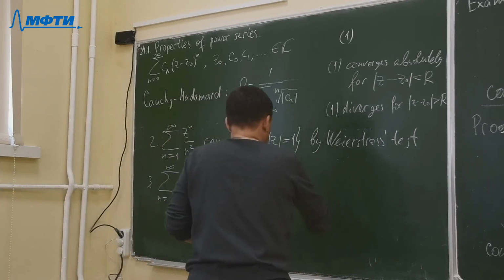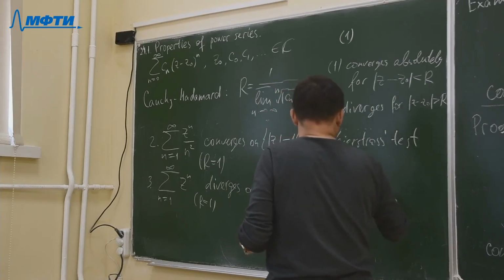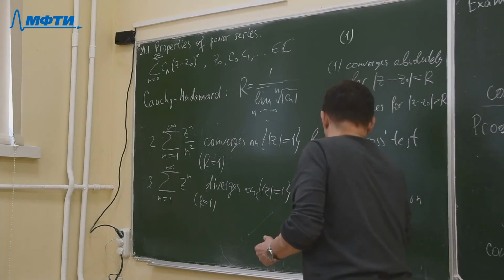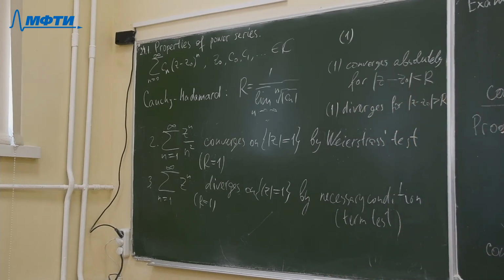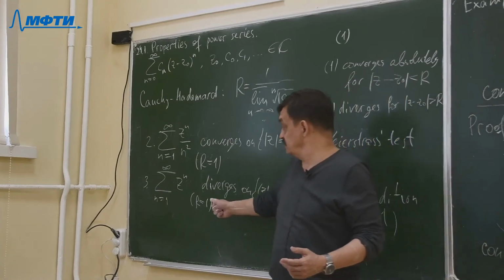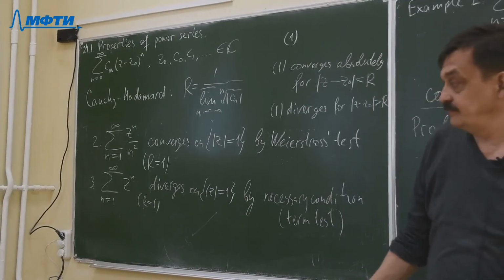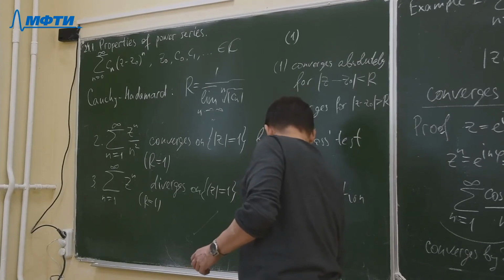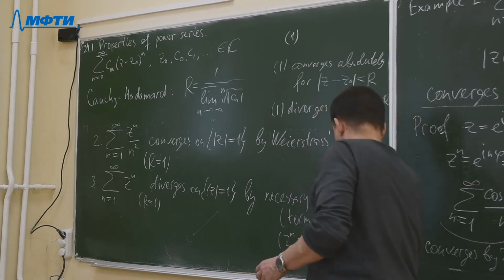By the necessary condition, or term test. Because if modulus of z equals 1, then z to the power n does not tend to 0, right? That's it.